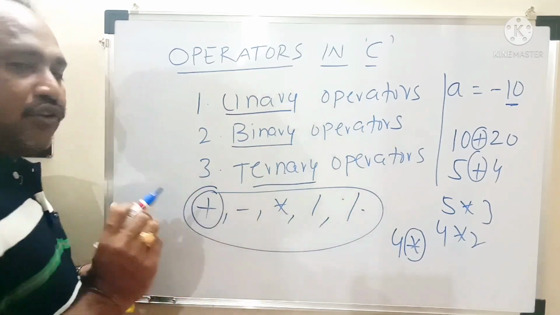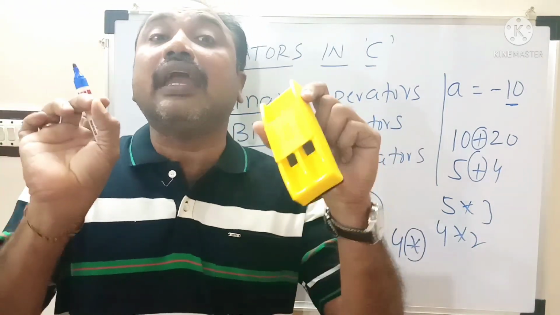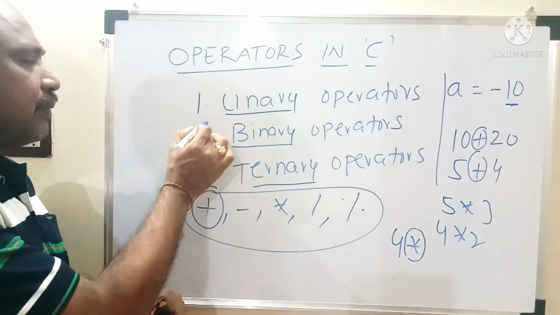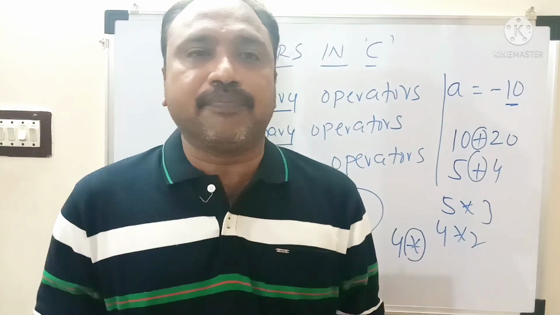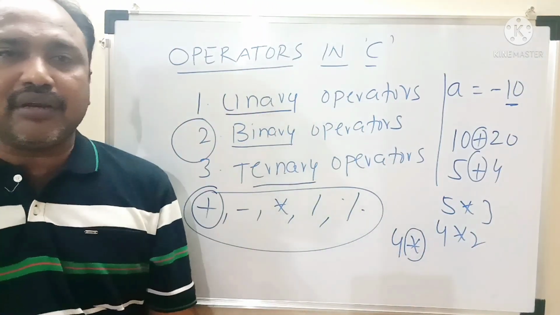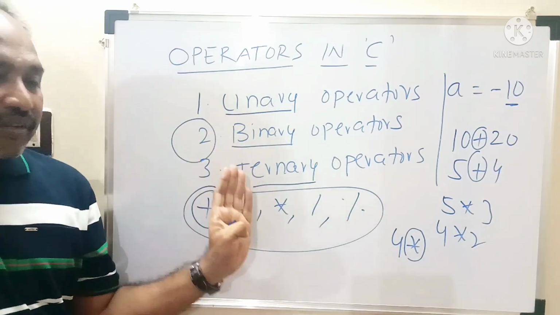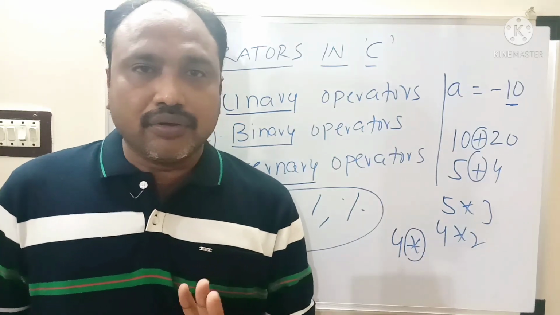In our C language, we have different types of operators. C language will support 8 types of operators. Almost all operators will come under the category of binary operators only. Among them, some will come under the category of unary operator, some under binary operator, and some under ternary operators.